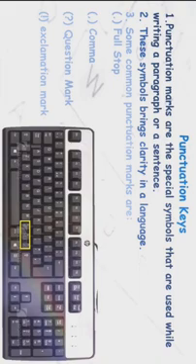So, number 1, punctuation marks are the special symbols that are used while writing a paragraph or a sentence. These symbols bring clarity in a language. Some common punctuation marks are full stop, comma, question marks, exclamation marks.